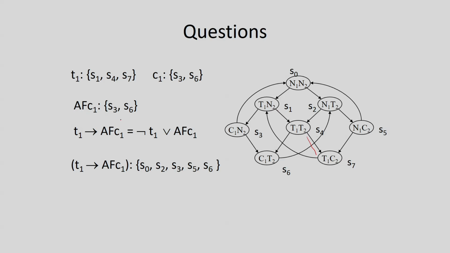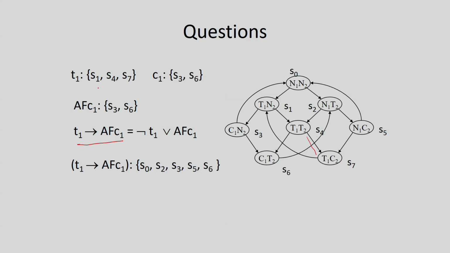Now these are the set of states where AF C1 is true. After knowing the truth values of AF C1 and T1, we can look for this particular formula, T1 implies AF C1, which is nothing but negation of T1 or AF C1. So what are the states? Negation of T1: we know the set of states where T1 is true, so in case of negation, the set of states where it is not true.